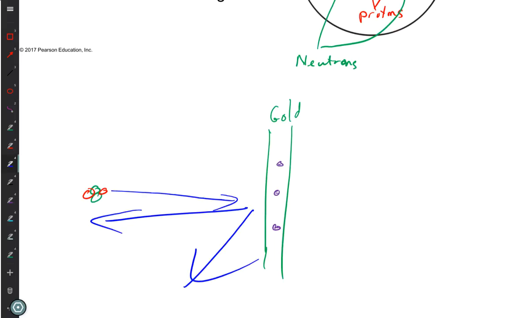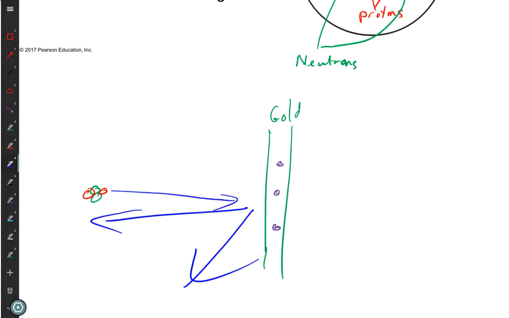I mean, because they believed this wholeheartedly. But their experiment said, no, that ain't no tissue paper. If it bounces back, it has to be the reverse of what we said. We had to have had the bowling ball sitting there, and we threw a BB at it, and the BB bounced back off the bowling ball. So they had an experiment that clearly disproved that idea of the plum pudding.